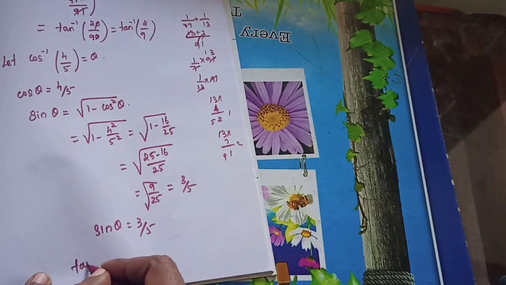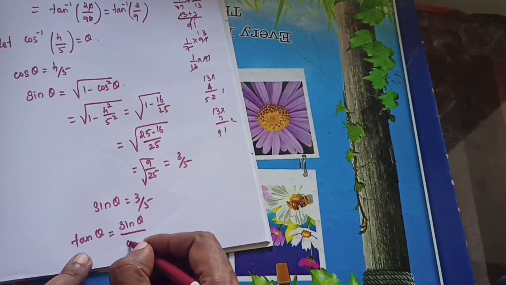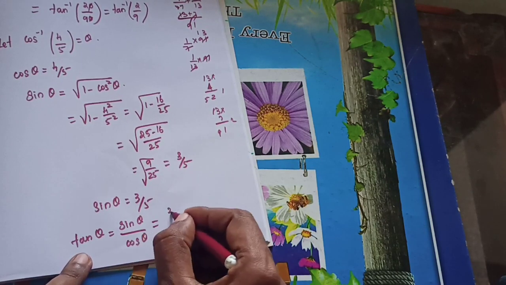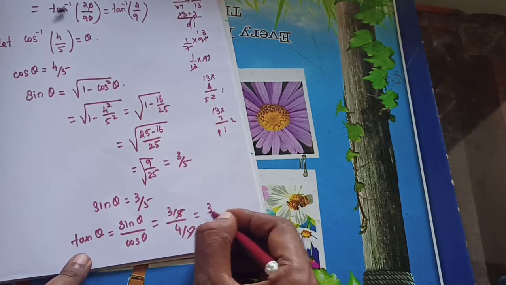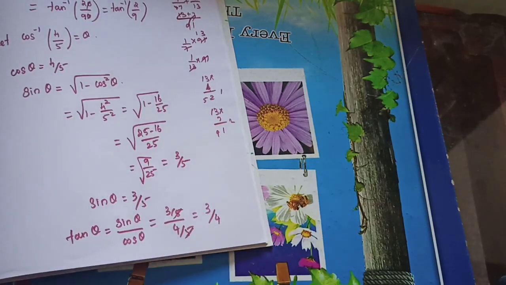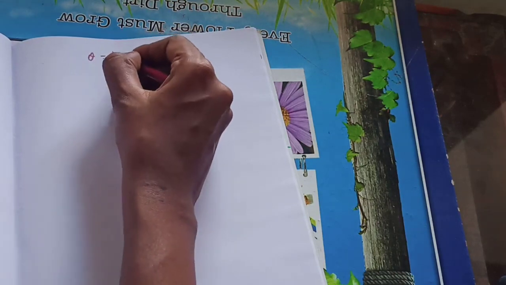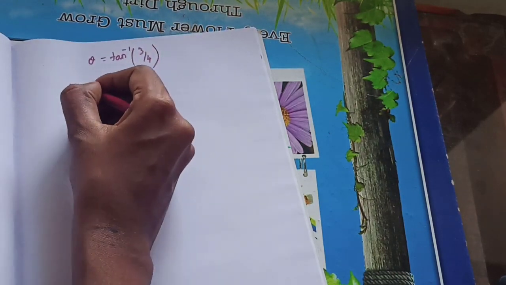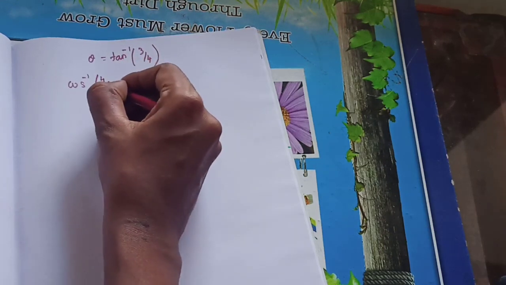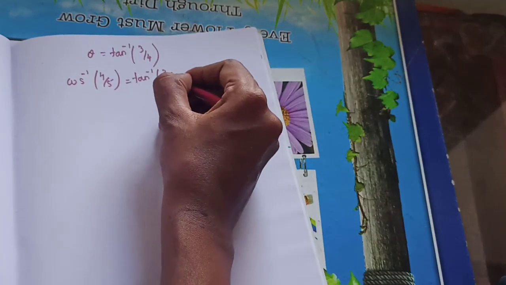If we need tan theta, what's the formula? Sin theta by cos theta, equal to 3 by 5 divided by 4 by 5. So you will get 3 by 4. So tan theta equal to 3 by 4. From this, if you are finding theta, the value is tan inverse of 3 by 4. Then cos inverse of 4 by 5 equal to tan inverse of 3 by 4.